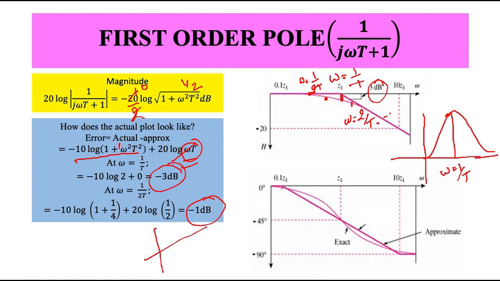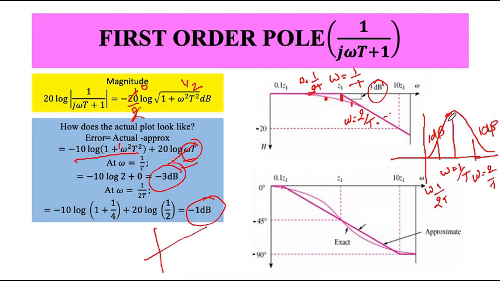Then at omega equals 1 by 2t, my error is 1 dB. Similarly, at omega equals 2t, my error is 1 dB. Minus 1 dB, minus 1 dB is the error. So the plot will be like this, and these are minus 3 dB, this is minus 1 dB, minus 1 dB.